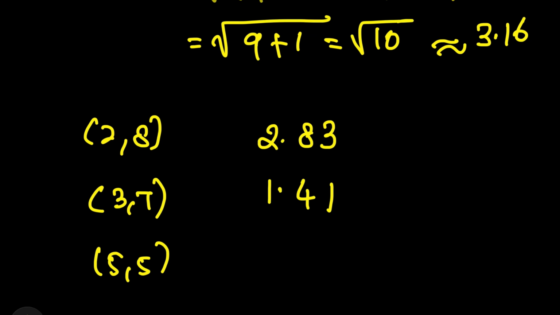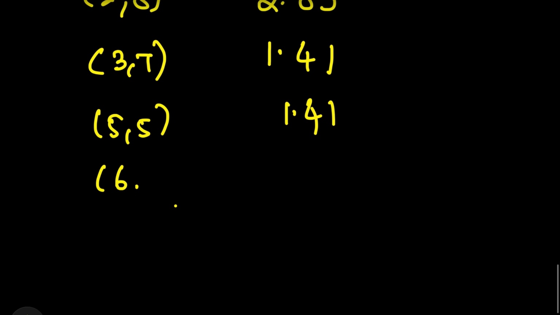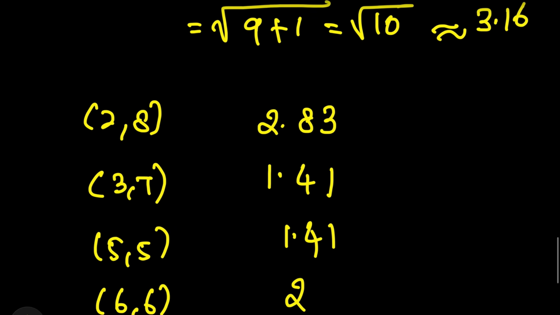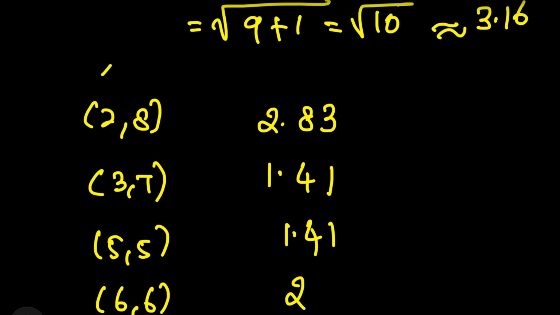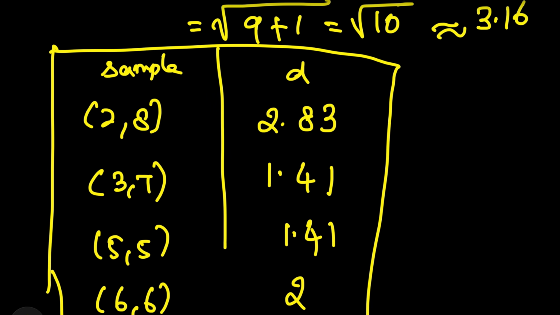For 5 comma 5 I have 1.41, the same value, and for 6 comma 6 I have 2, and for 7 comma 5 I have 3.16. This is the sample, and this is your distance. So I have shown here the distance.